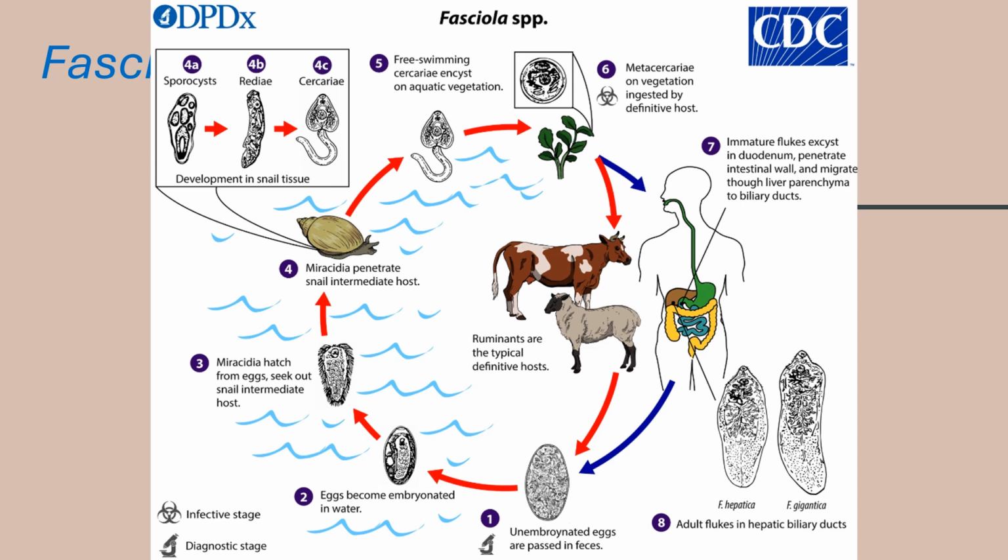The miracidia penetrate the snail intermediate host, of course the genus Lymnaea, Galba, as such. The miracidium develops into sporocyst, then to redia, then to cercaria, and after some time the cercaria is released. The second intermediate host is the water vegetation, like watercress, which is ingested by humans. It will mature into an adult inside the human body, and it resides in the liver.